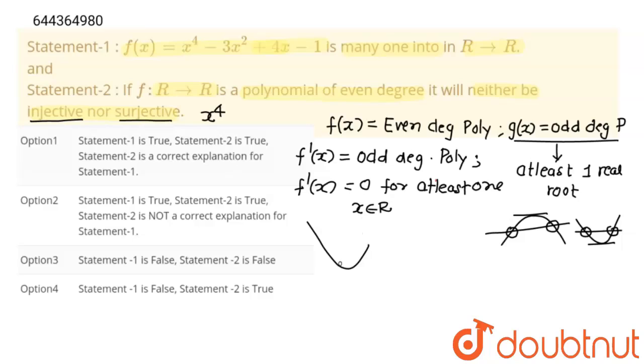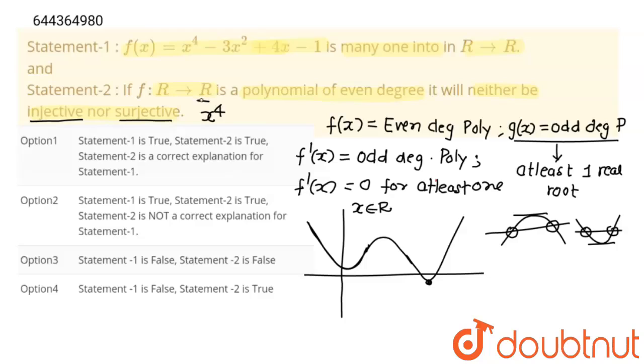So if we draw this curve for degree 4, this is the point of minima, now this is the point of maxima and this is the point of minima. Maybe this curve will go down. Suppose this is our x-axis and this is our y-axis. So range will never be R.